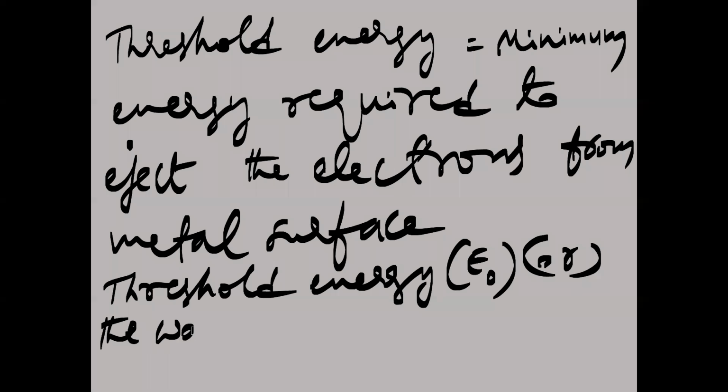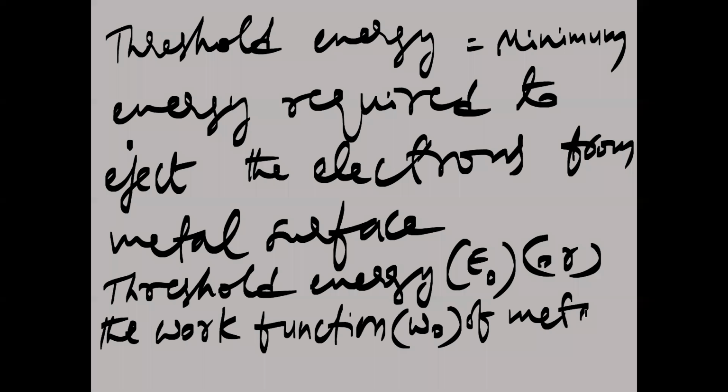The work function W naught of the metal is equal to the threshold energy of the metal, which is h nu naught, that equals hc by lambda naught. So h nu naught or hc by lambda naught will be equal to the threshold energy or work function.